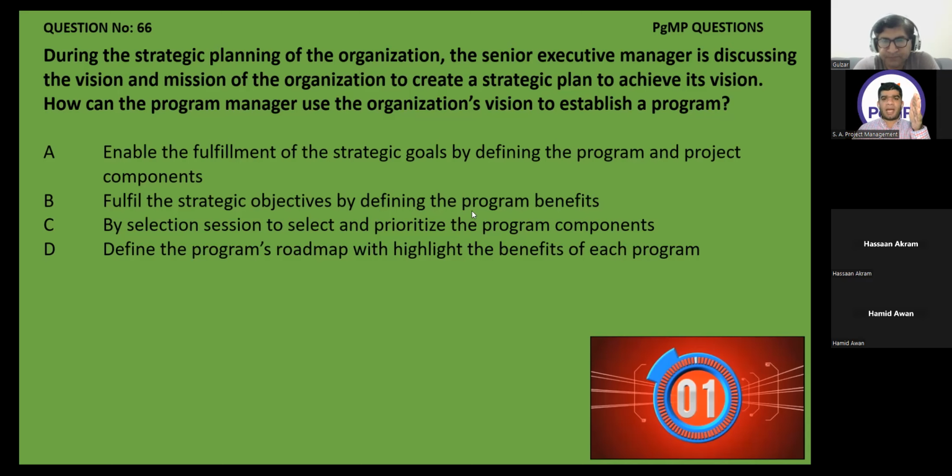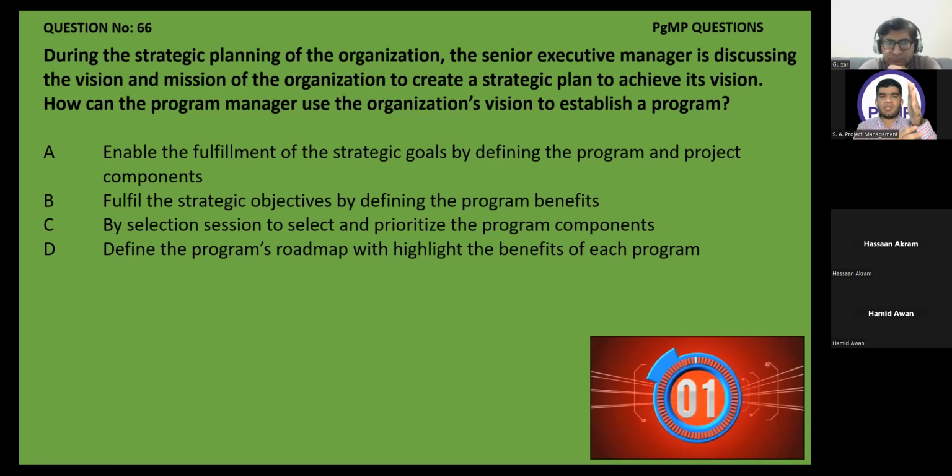So at this moment, I am not interested in defining the program benefits immediately after the organizational strategy. First, I have to define what my program is, what my business case is. Without the business case, I cannot define the program benefits. Is it clear? So the people who gave answer D and B should understand this sequence. We are at the vision and mission stage, which is step 1 prior to the program.